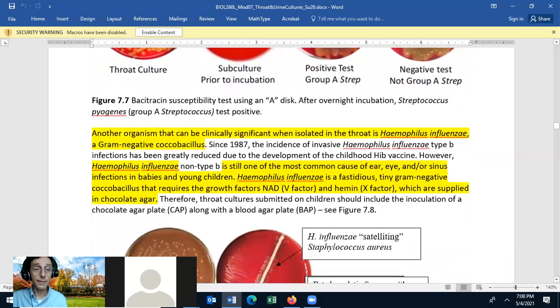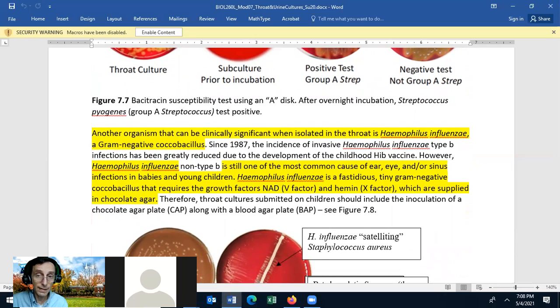All right. Another organism that's clinically significant and isolated from the throat is Haemophilus influenzae, which is a gram-negative coccobacillus. It's the most common cause of ear, eye, and sinus infections in babies and young children.